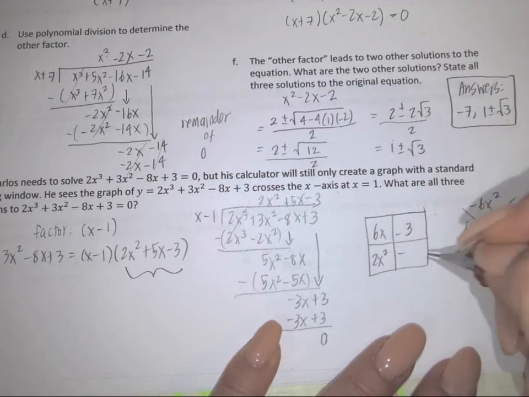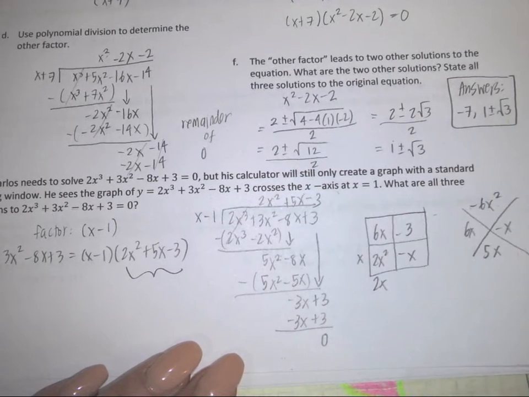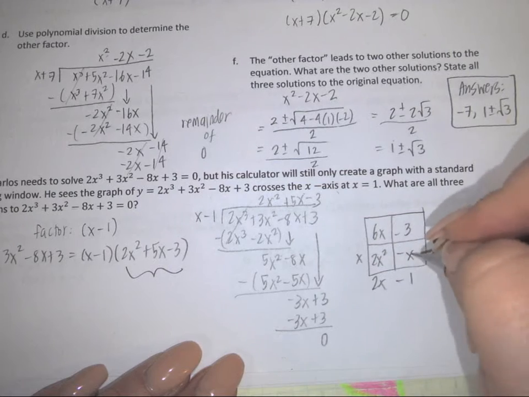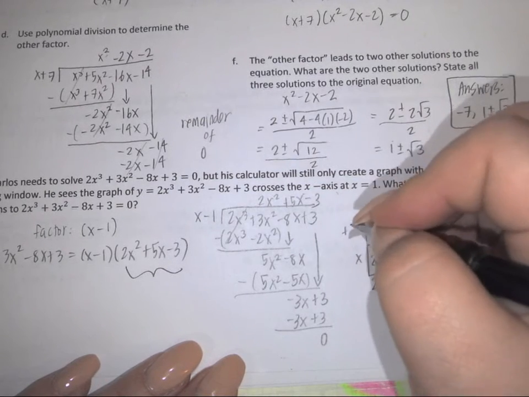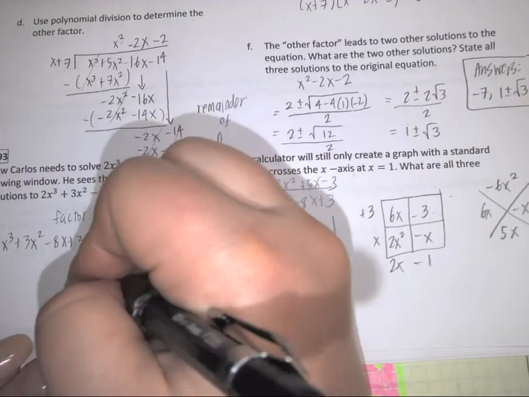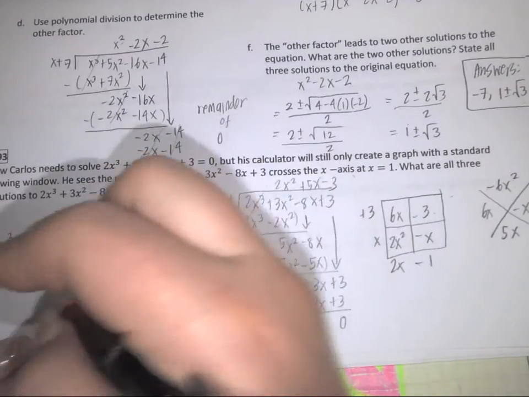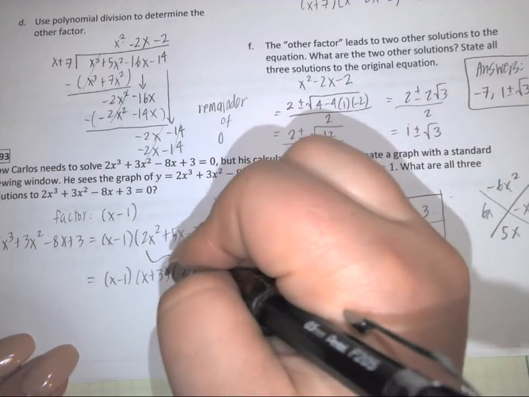So you put those here. And then 2x times x is 2x squared. X times negative 1 is there, and negative 1 times 3. So that all works out. So then this factors more to x plus 3, 2x minus 1.